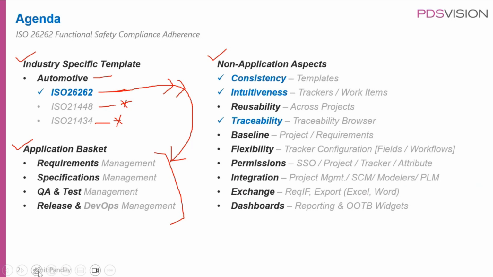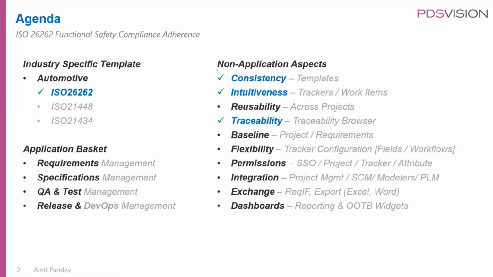Then we have a lot of non-functional aspects, non-application aspects. What I mean to say is that all these are applicable for all of these core capabilities. But again, it requires a deep dive, so we are not doing it.